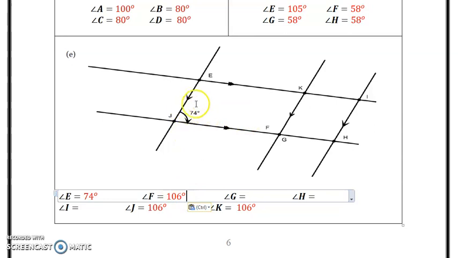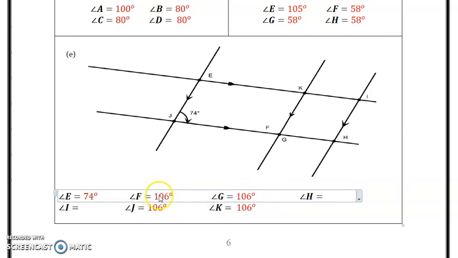Again, you could have used 180 subtract 74 to get F, because 74 and F are co-interior angles. They add up to 180. F and G are transverse angles, so they're equal. So G would be 106.